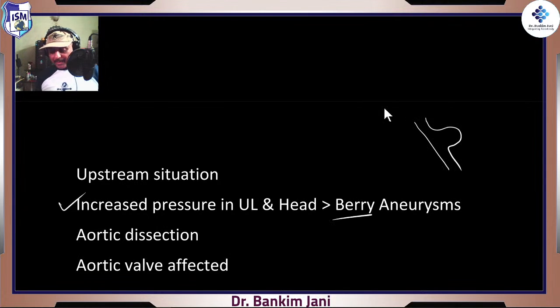These are called Berry aneurysms. These are all very small aneurysms, but they can be multiple, right? This is because of the weakness of the wall. Now the wall is as such not weak, but it is the pressure which is so high. So because of high pressure, they lead to these Berry aneurysms, right? So this is one very dangerous thing.